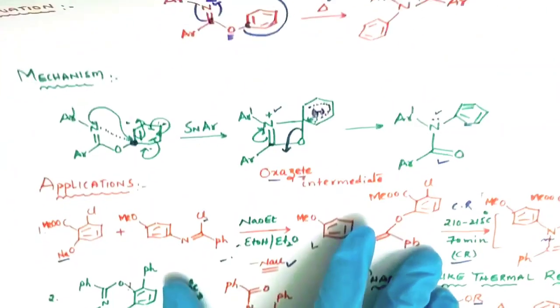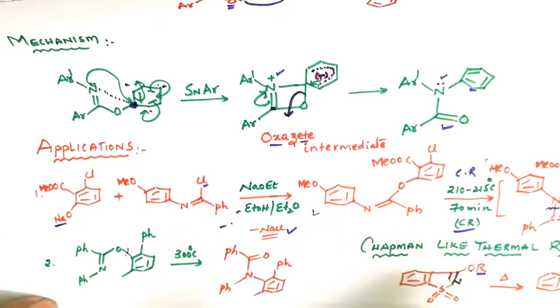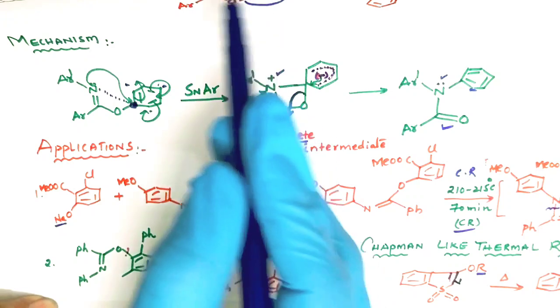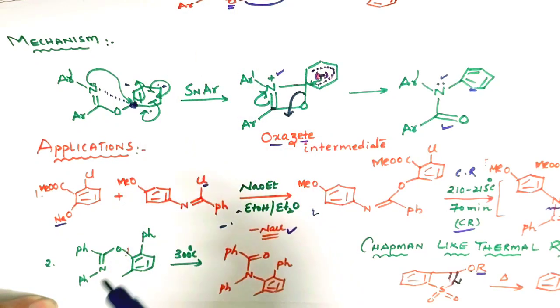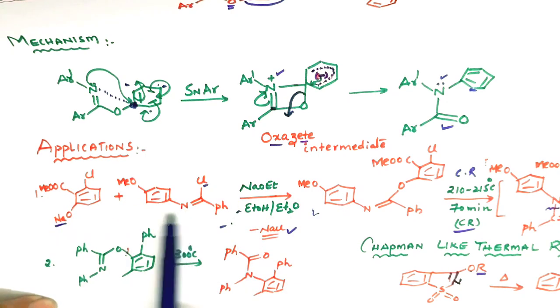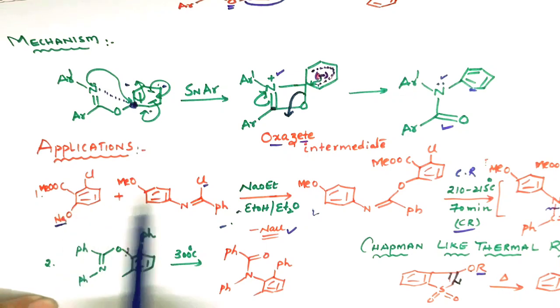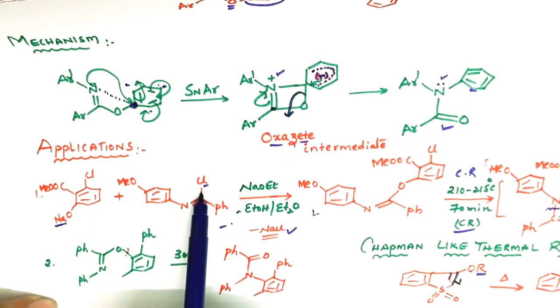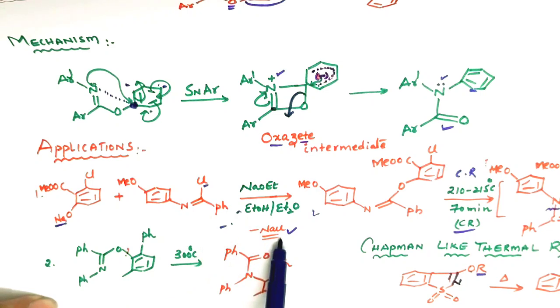Okay, so let's see the examples. Sometimes we may not get the product directly. Oxygen connected aryl amino ether. Here if you observe this particular application, sodium from this atom and Cl from this one are removed in the form of NaCl to develop an ether linkage.